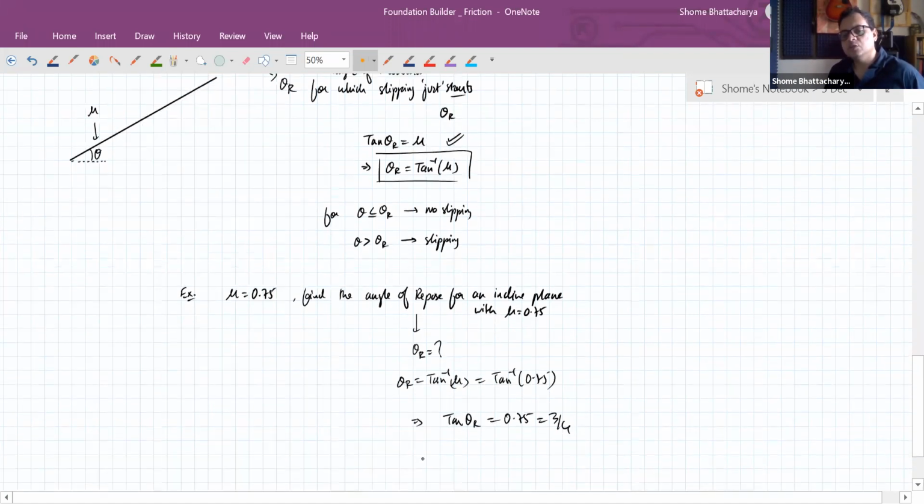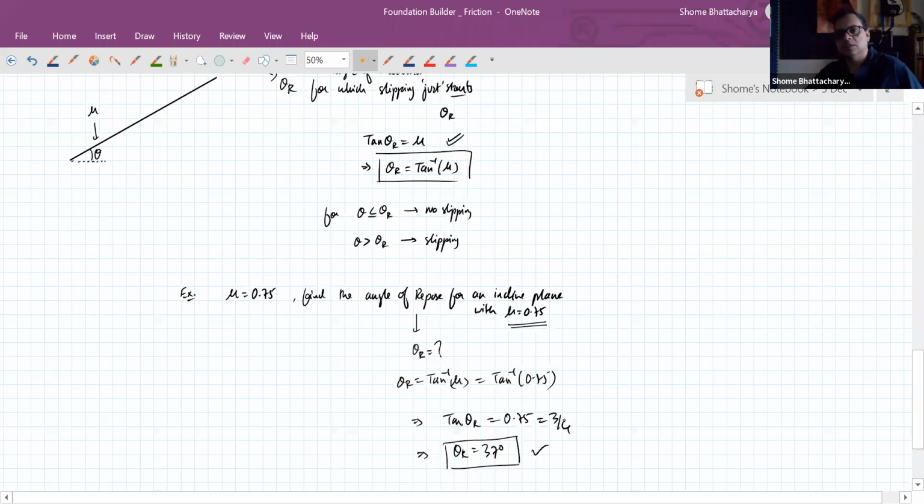This is a well-known angle, 37 degrees. We just saw this angle in the earlier example. So for this particular slope, which has a coefficient of friction of 0.75, the angle of repose will be 37 degrees.